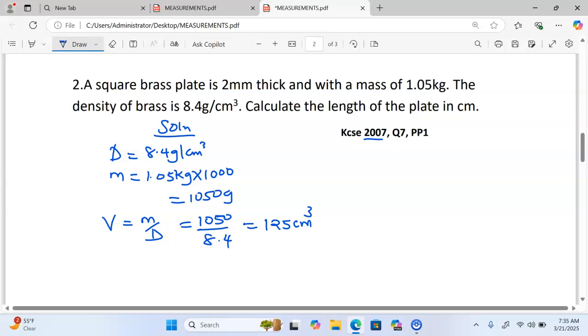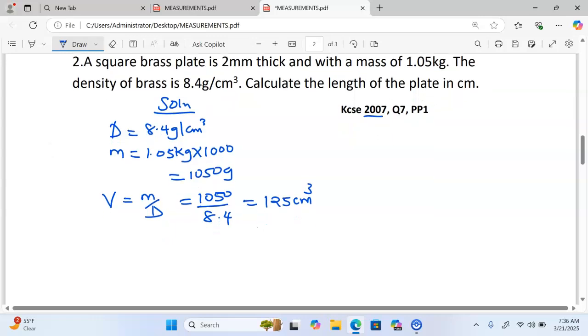Once we have the volume, we can now move down and calculate the length, but we are supposed to calculate the length in centimeters and the thickness is given in millimeters. 1 centimeter is equal to 10 millimeters, meaning 2 millimeters will be equivalent to what?